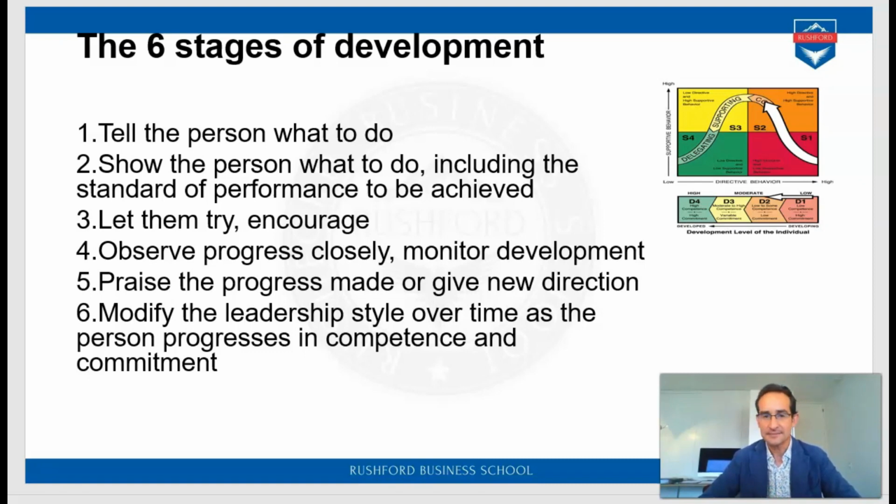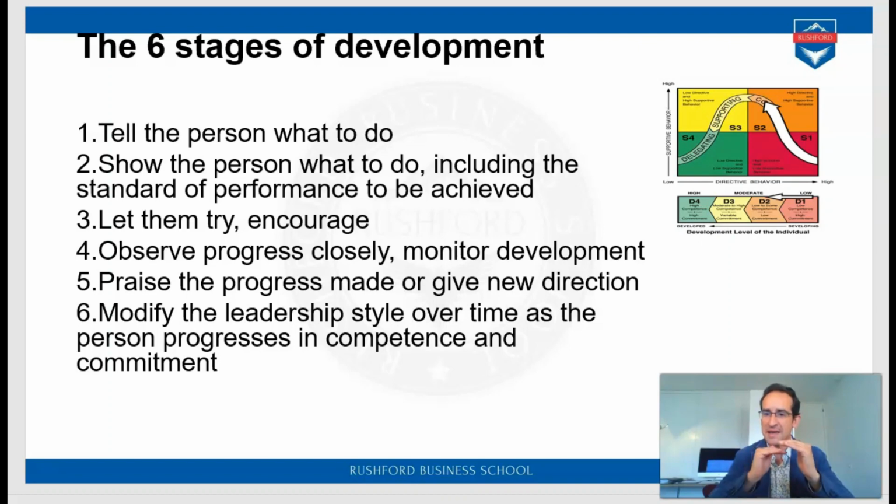These 6 steps are: tell the person what to do; show the person what to do, including the standard of performance to be achieved; let them try, encourage them, and don't be too worried about whether they succeed or fail, that's part of the learning; observe progress closely, monitor the development; praise the progress and give new direction; and modify the leadership style over time as the person progresses in competence and commitment.